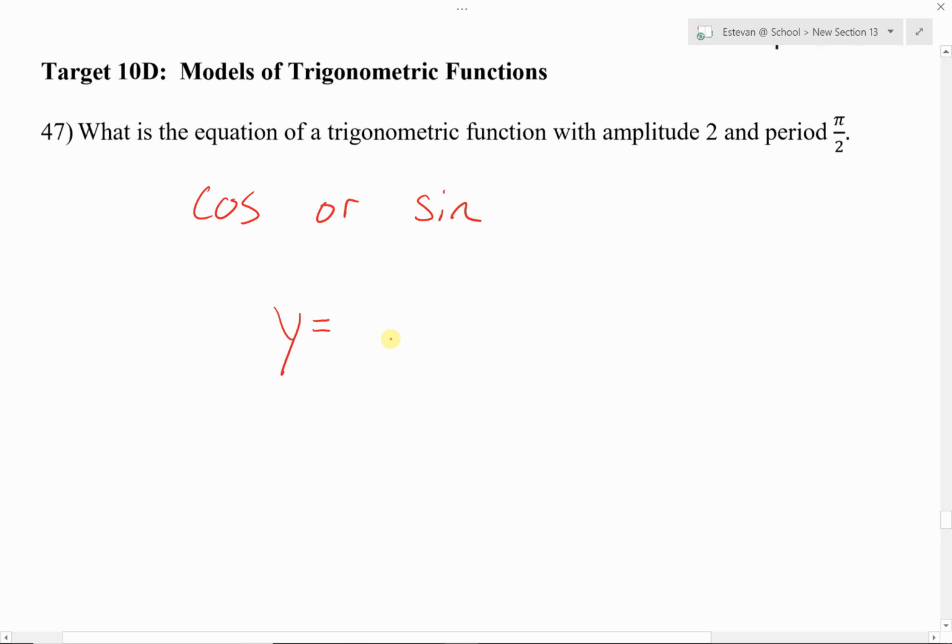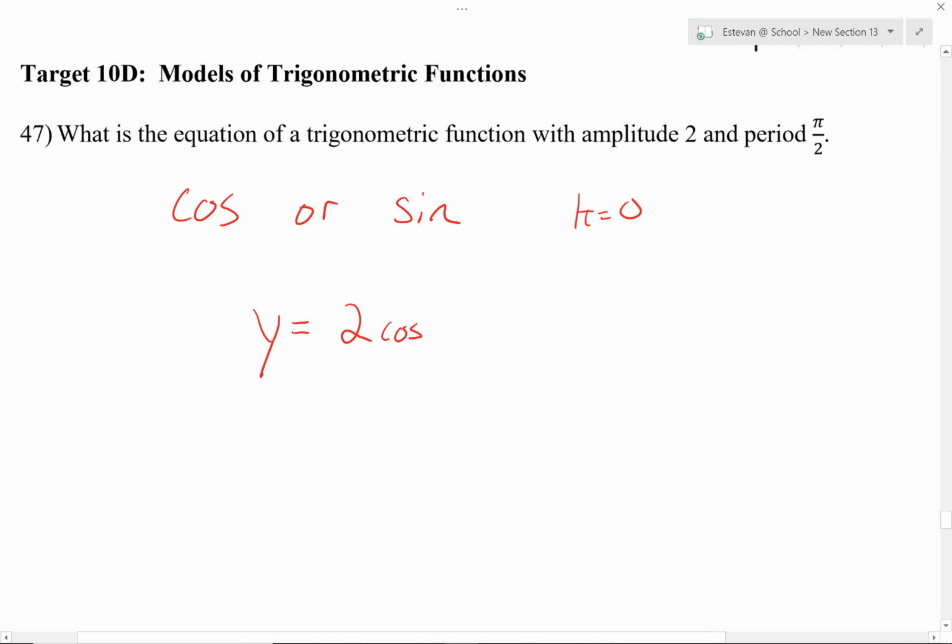Y is equal to, my amplitude is 2, cosine, I don't have a midline, so let's go with 0. But if my P is equal to pi over 2, I know P is equal to 2 pi over B. So I substitute pi over 2 is equal to 2 pi over B.